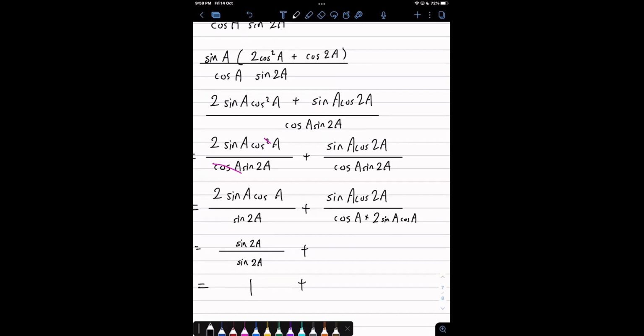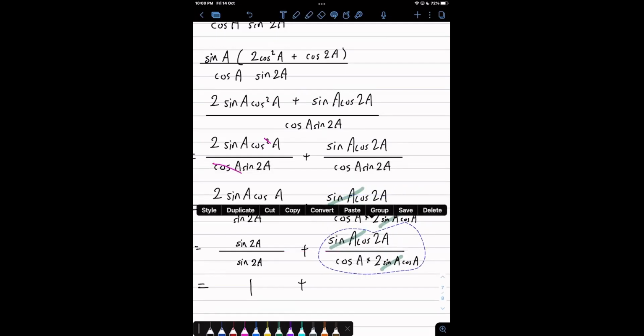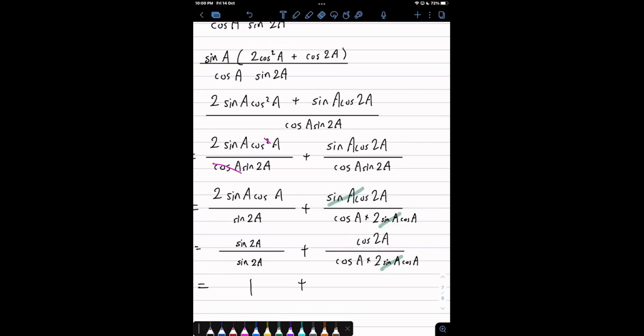Then I noticed that sine a can cancel. So let's simplify that first before we continue. I know there's a cosine 2a, but do we really want to get rid of the 2a? If you look at the question, it's got 2a in the tangent 2a. Ah, very good.